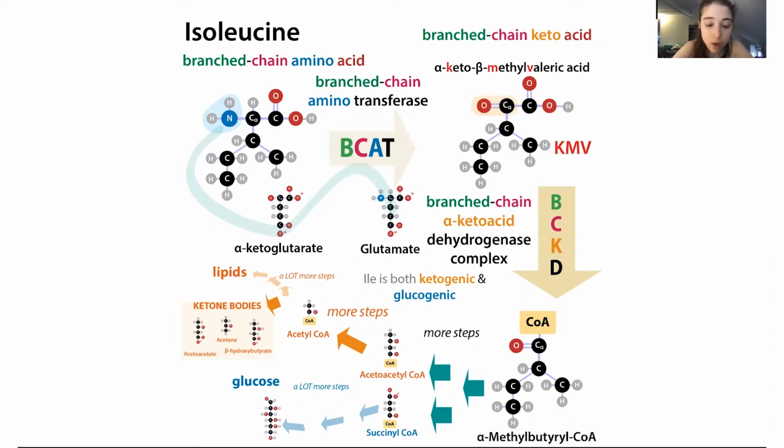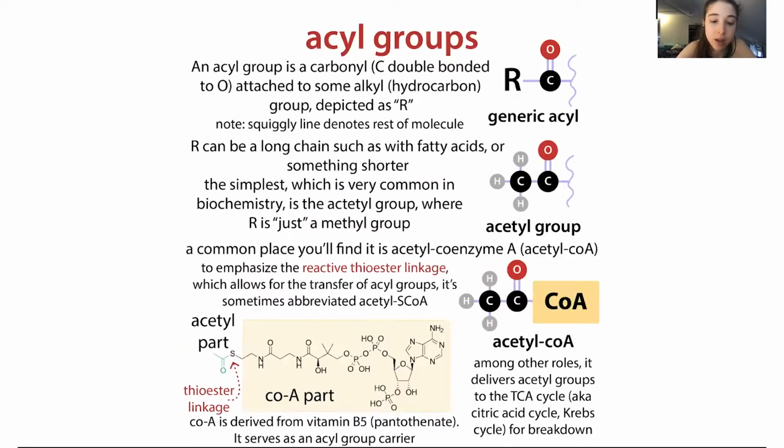And so what is this coenzyme A deal all about? Coenzyme A is this common group that you'll see in biochemistry. It's derived from vitamin B5, or pantothenate, and it serves as an acyl group carrier. An acyl group is where you have a carbonyl attached to some alkyl group, and an alkyl group is just a hydrocarbon group.